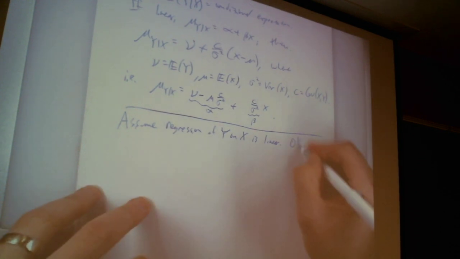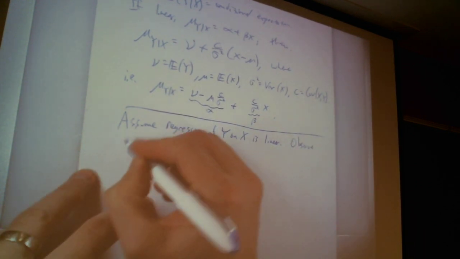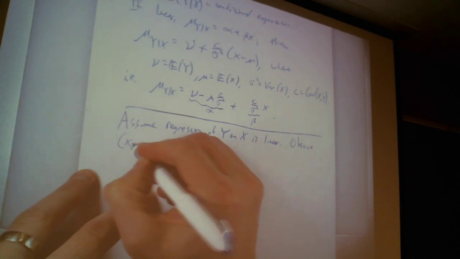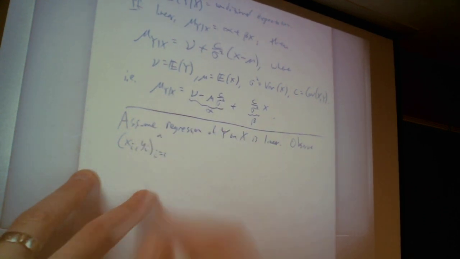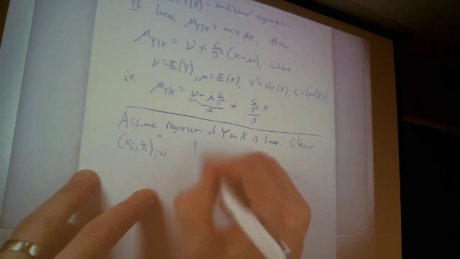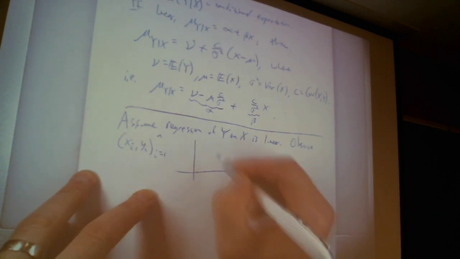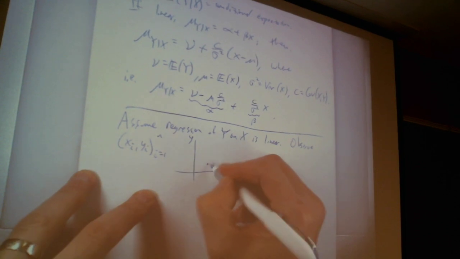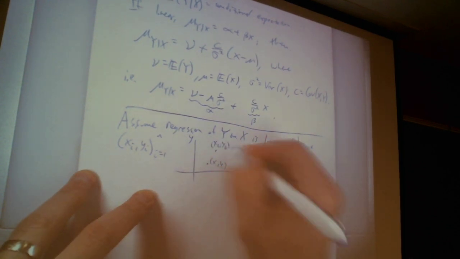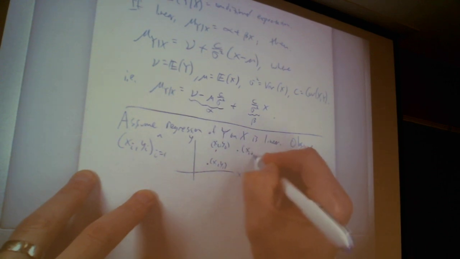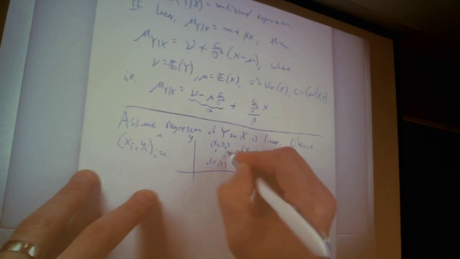So we observe ordered pairs like x1, y1, x2, y2, and so on. So we observe these pairs. So oftentimes you'll see people do a scatter plot. So here's the x values and the y values, and here's x1, y1, and here's x2, y2, and here's x17, y17, and there's a whole bunch of dots in between.